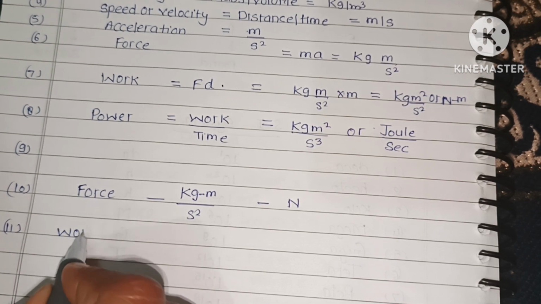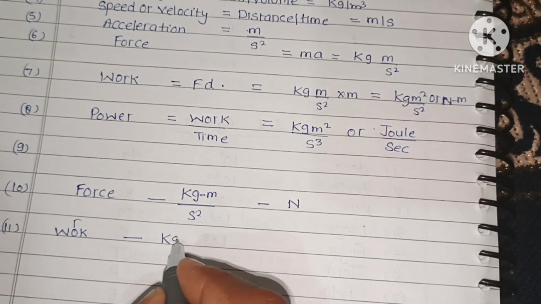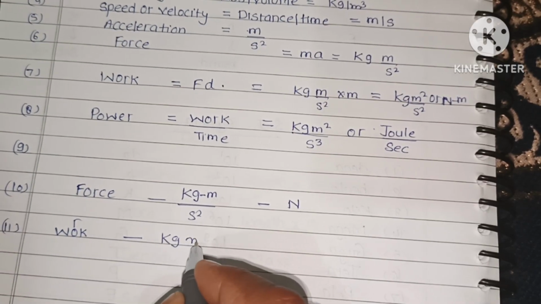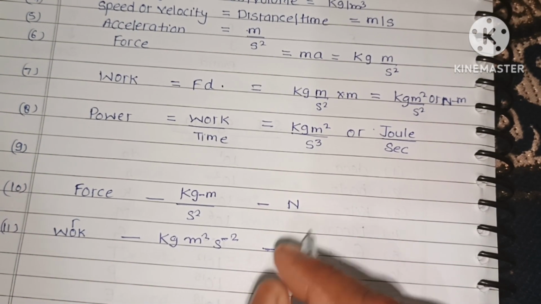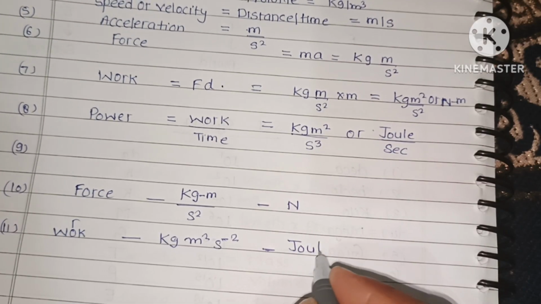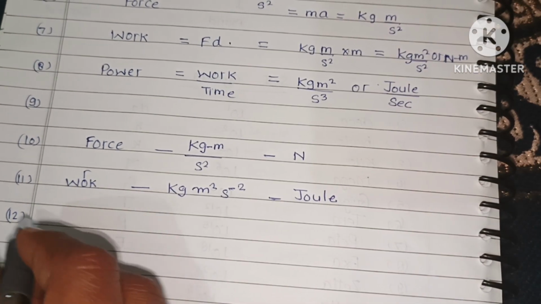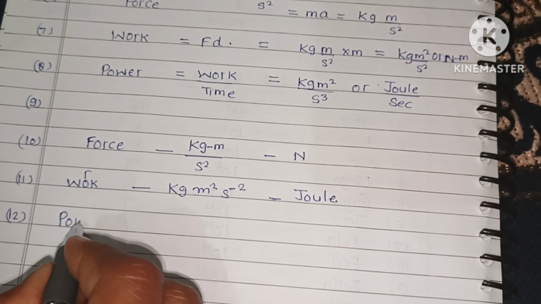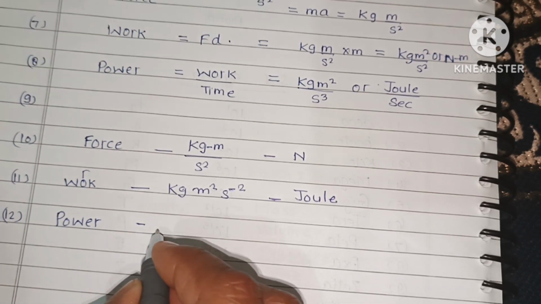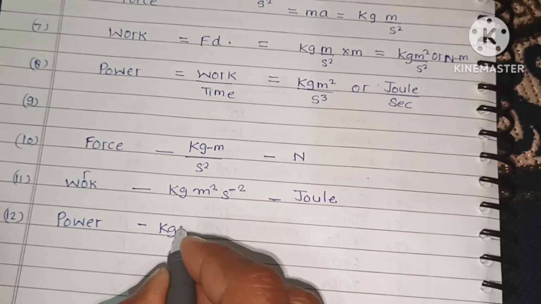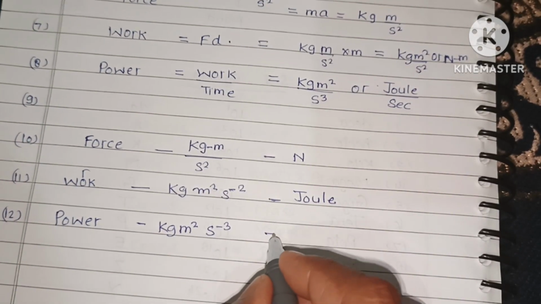Work, kg मीटर स्क्वायर सेकेंड पावर माइनस 2 और इसका यूनिट क्या है जूल। ओके, पावर, kg मीटर स्क्वायर सेकेंड टू पावर माइनस 3 and its unit is watt.